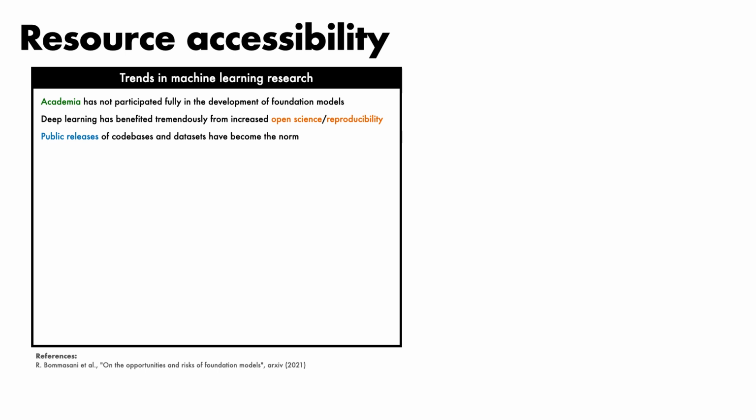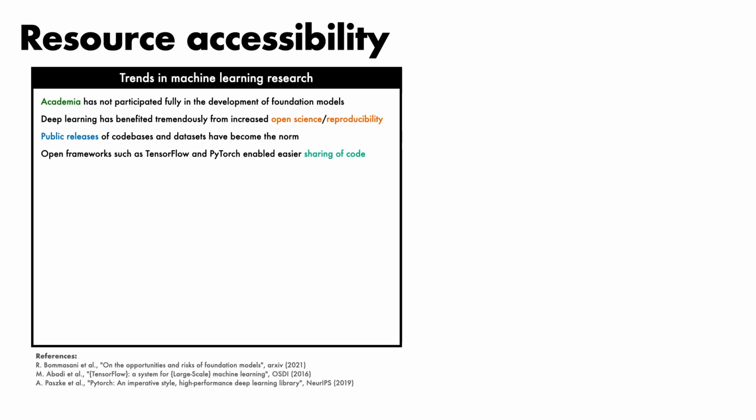Public releases of codebases and datasets have become the norm within the community, while open source frameworks such as TensorFlow and PyTorch have made it dramatically simpler to share code. However, it seems possible that foundation models may roll back this trend to some extent. Foundation models may not be released at all, or may be restricted to limited API access.